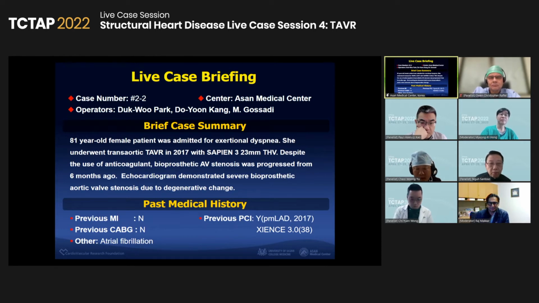After the TAVI, at 2 years and 3 years, the transaortic velocity and pressure gradient were steadily increasing. Even after the use of anticoagulant, the bioprosthetic aortic valve stenosis progressed. Echocardiogram showed severe bioprosthetic aortic valve stenosis due to degenerative change. She had a history of atrial fibrillation and underwent PCI 5 years ago.